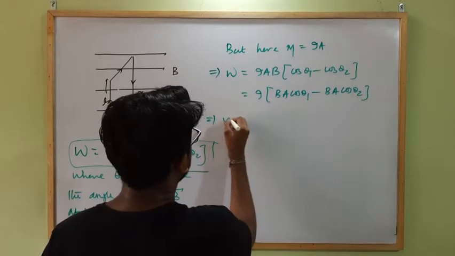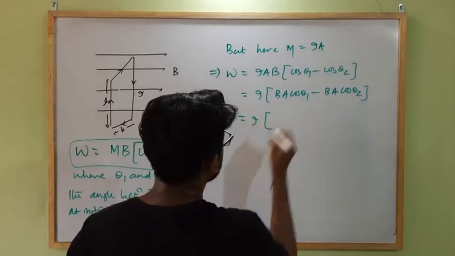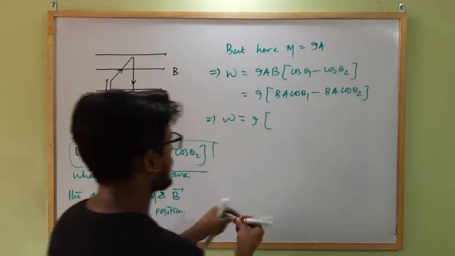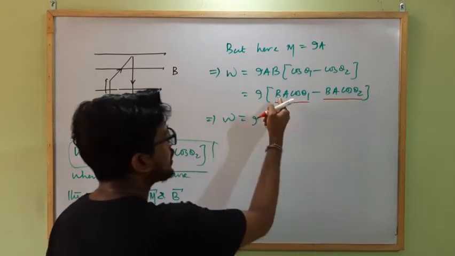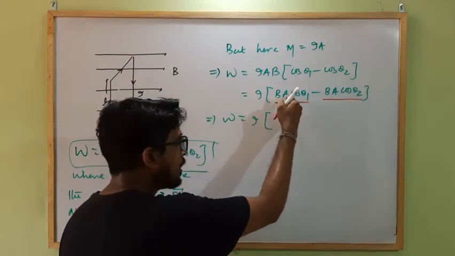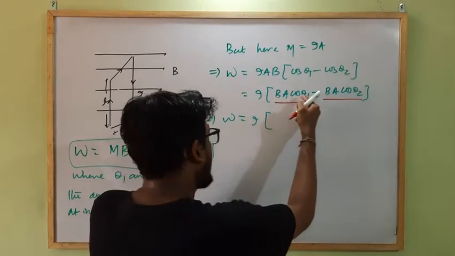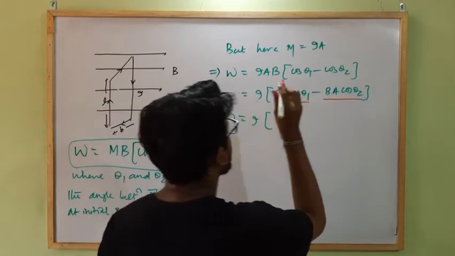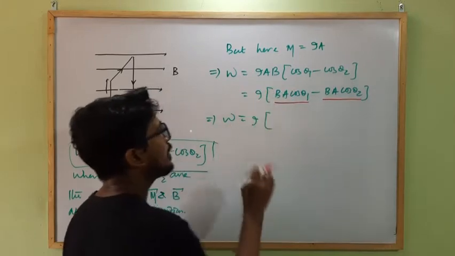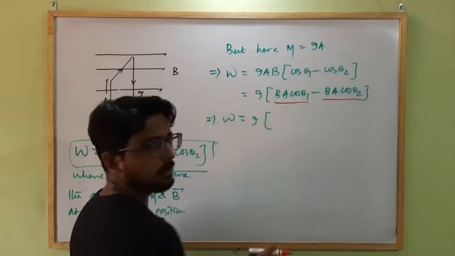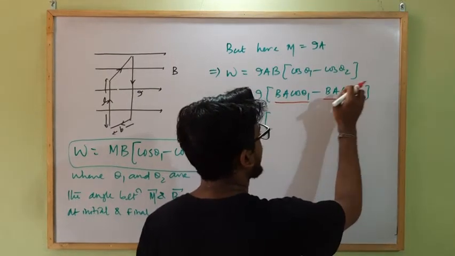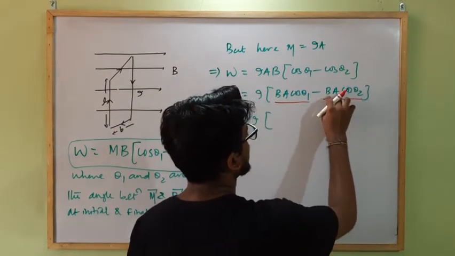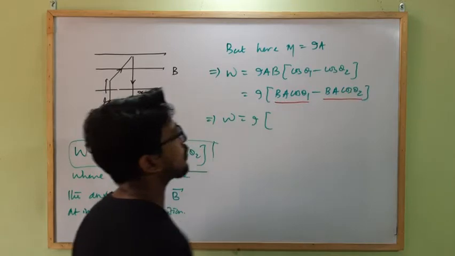So this implies the work done will be equal to I into, what is BA cos theta 1 and what is BA cos theta 2? B is the magnetic field strength, A is the cross sectional area of the coil, and theta 1 is the angle between magnetic field and the area vector, and here same as theta 2 is the final angle between magnetic field and area vector, and this is the magnetic field strength and this is the cross sectional area.